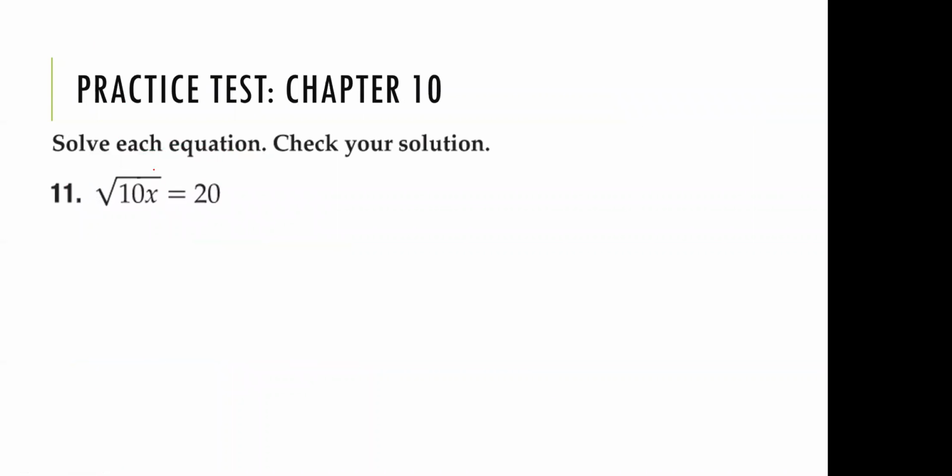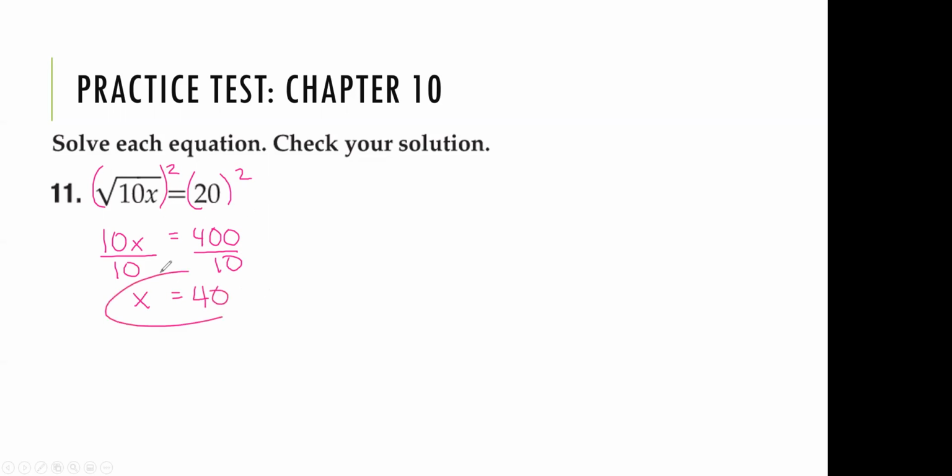So here we don't have anything around our radical, so I would square both sides, and then radical 10x times radical 10x would be 10x, so it just basically removes the radical, and then 20 squared is 400, and then I would just solve this like a regular equation. So x is equal to 40, and that would be my final answer there.